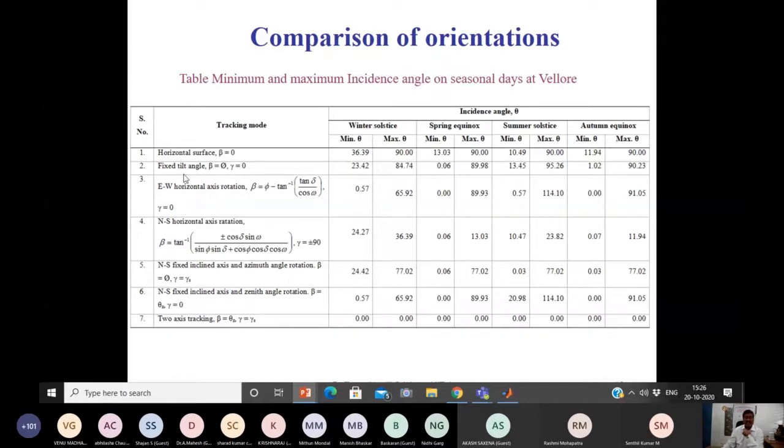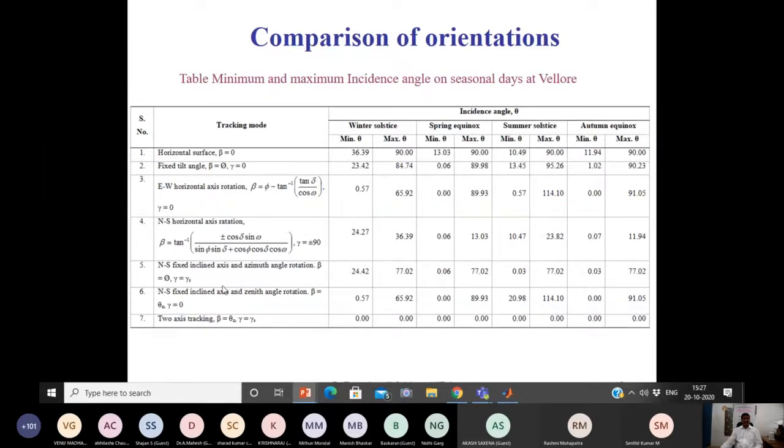Then from the second onward, this is a fixed tilt surface such as a solar air heater or water heating system. Third onwards, this is a single axis tracking unit, east-west horizontal axis rotation. Next is the north-south horizontal axis rotation, also a single axis system. And fifth is the north-south fixed inclined axis and azimuth angle rotation.